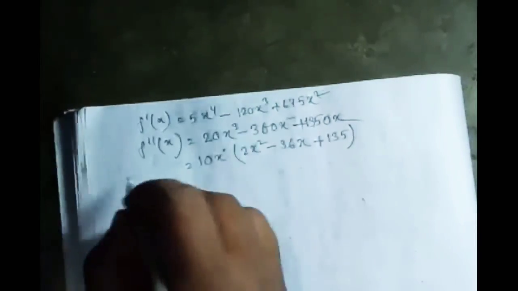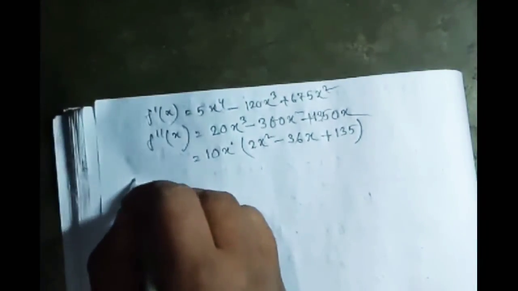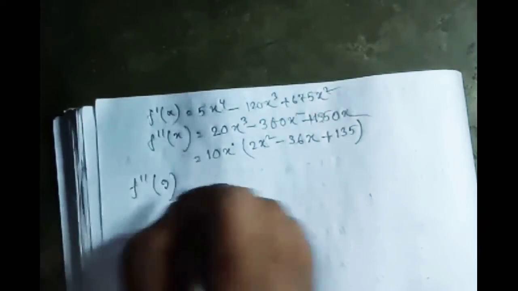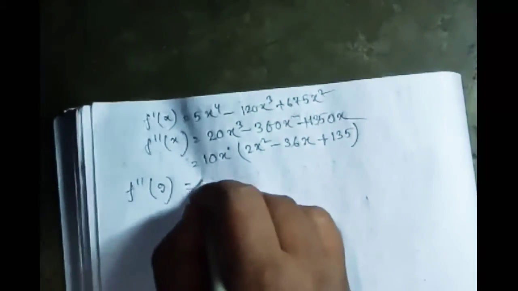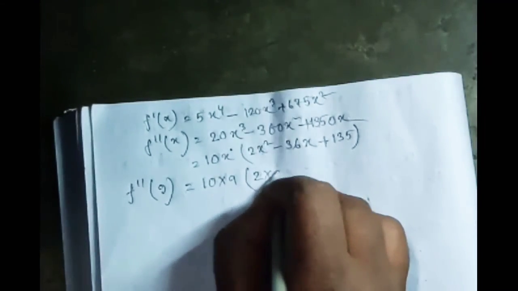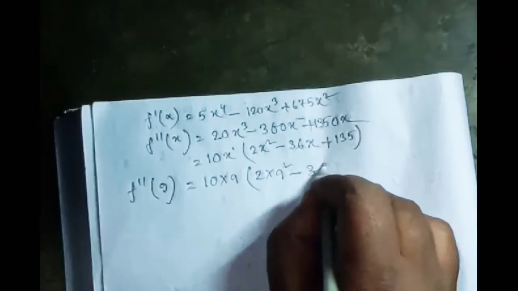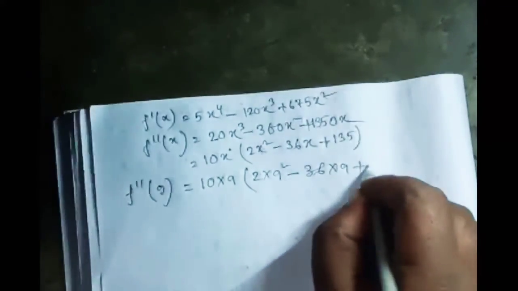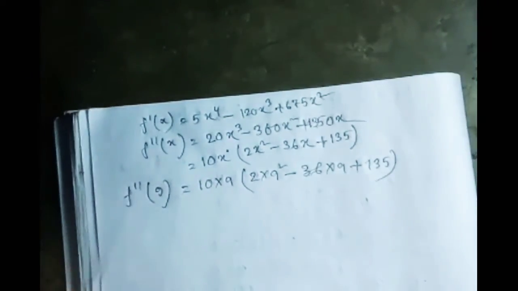Now taking the value x equal to 9, f double dash 9 equals 10 into 9, times 2 into 9 square minus 36 into 9 plus 135.